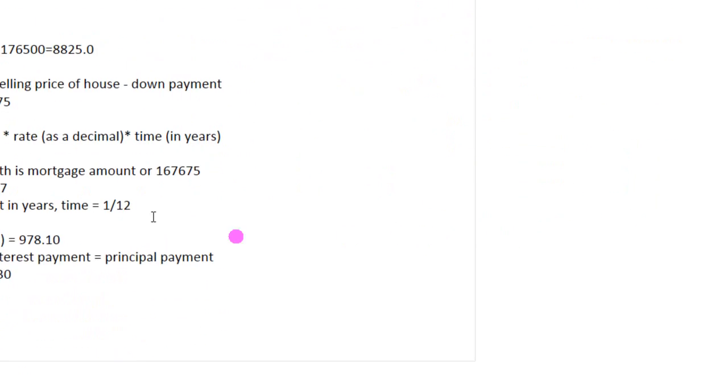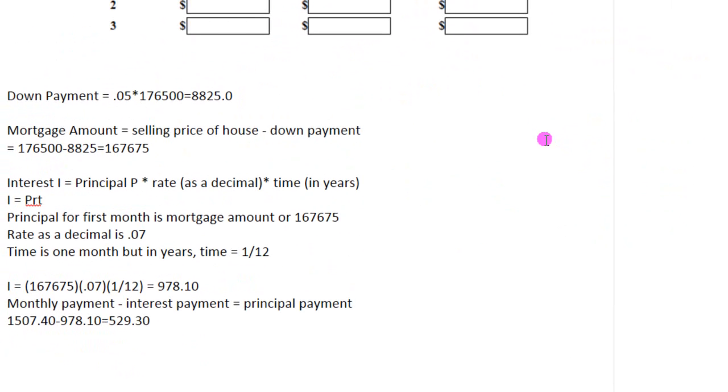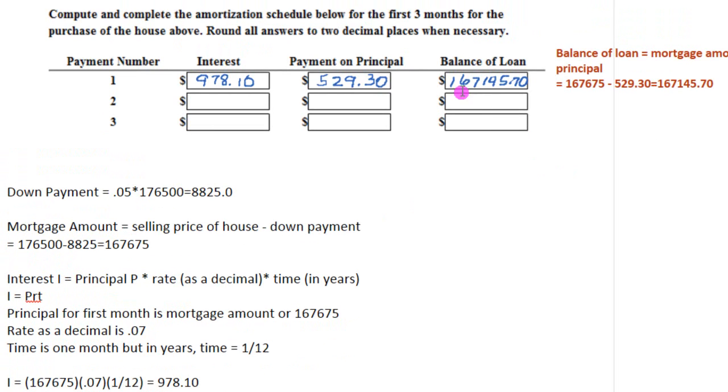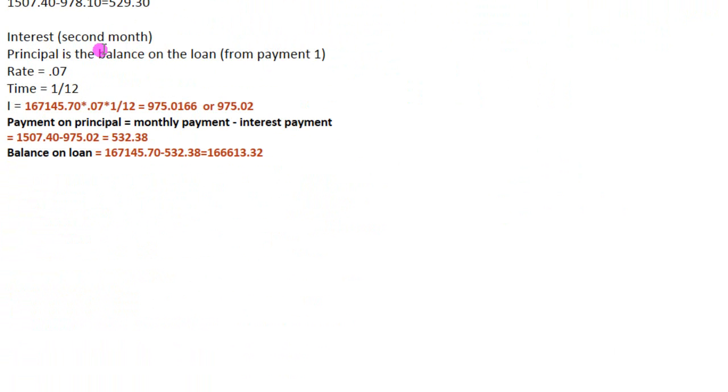So starting right here with the interest, I equals PRT, but it is now month 2. So the principal is going to be $167,145.70. So here's the calculation for the interest for the second month. Okay, so here are my second month calculations.